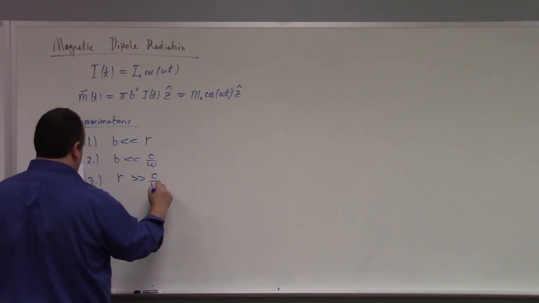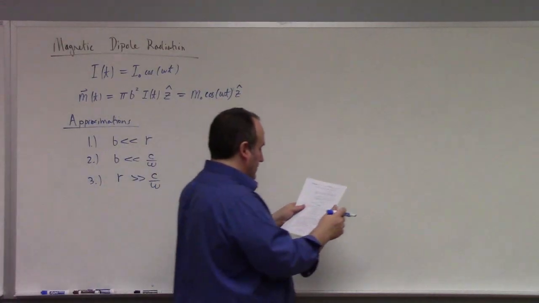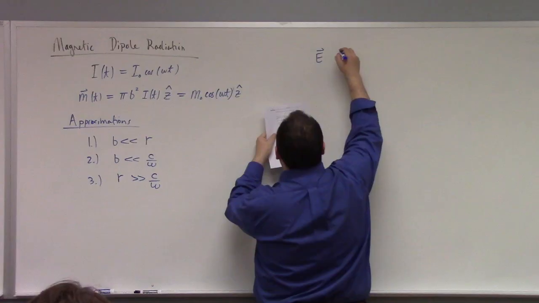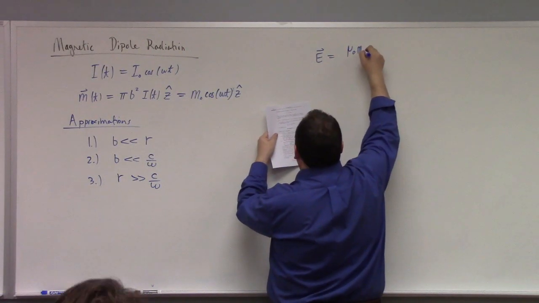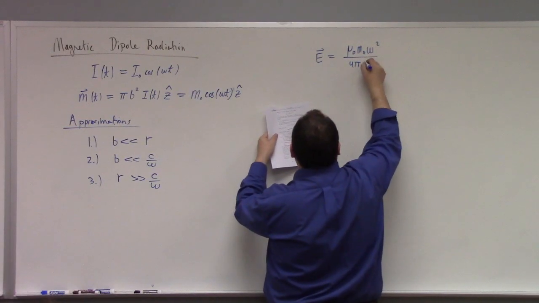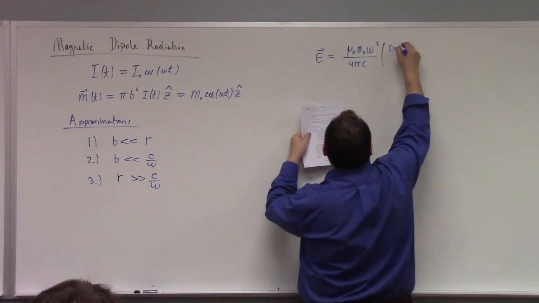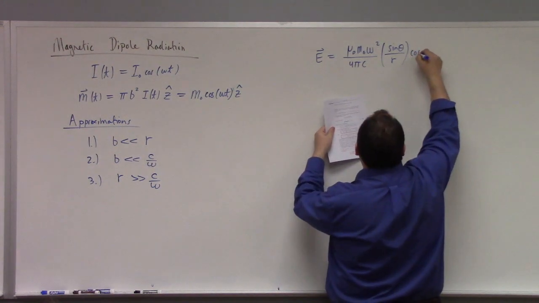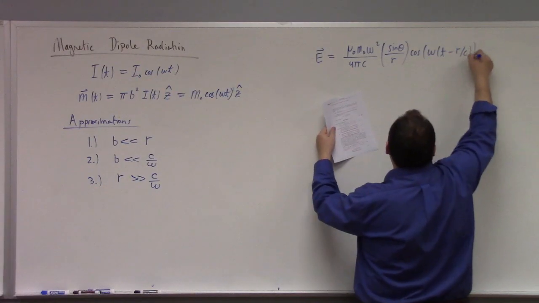These 3 assumptions go into play of giving us the electric field, which results, the far field radiation is simply equal to mu naught m naught omega squared divided by 4 pi c, sine theta. So they got the same kind of angular dependence, that sine theta over r term there again, and then cosine of omega times t minus r over c.